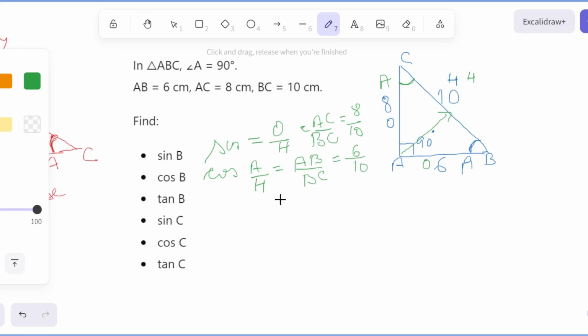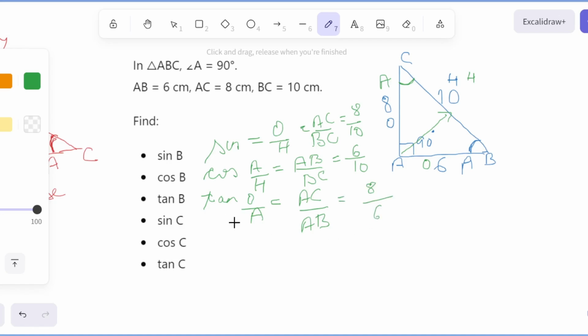Tan B, tan is always opposite upon adjacent, and the opposite side here is AC, so AC upon AB for angle B, which comes out to be 8 upon 6.